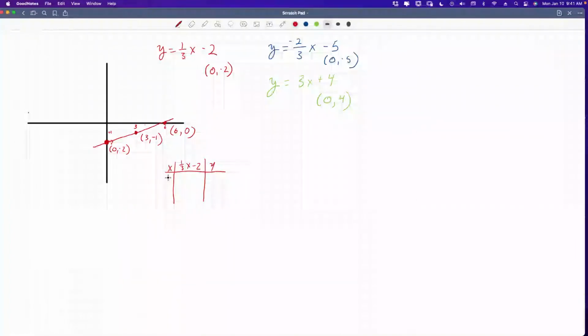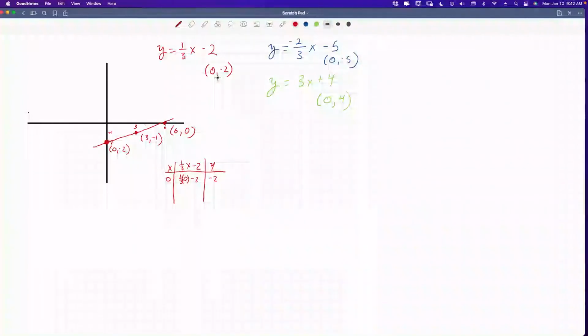My first point I always pick is 0, okay? If I put in 0 for x, 1/3 times 0 minus 2, 0 minus 2 is -2. What's my first point? 0, -2. Did we have to do all of that? No. All we did was put 0 with this little plus b number right here. That was our first point. We didn't have to calculate anything.